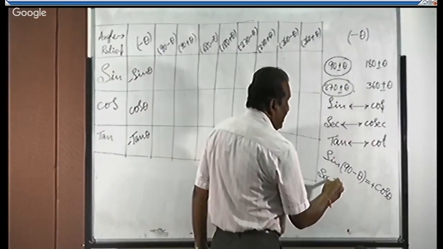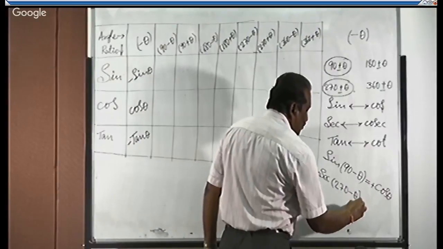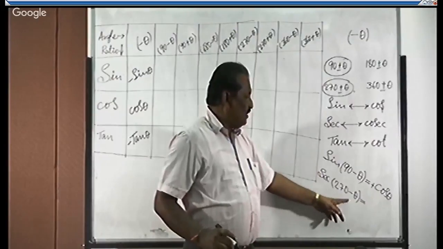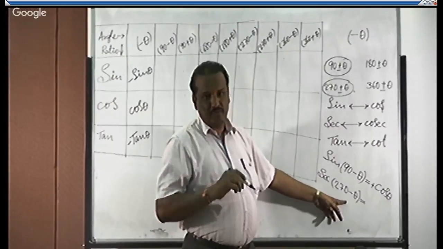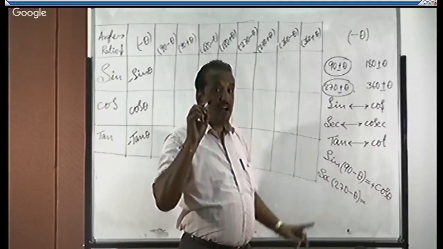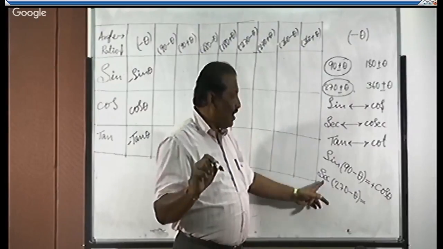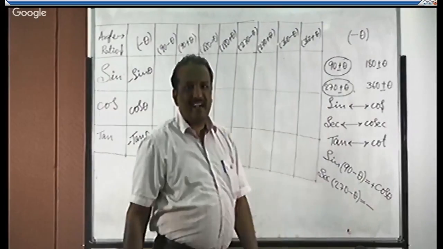Say secant of 270 minus theta. First write down the sign, it will avoid the confusion. Definitely 270 minus theta comes under the third quadrant, where according to the ASTC rule, only tan and cot are positive. Therefore, secant is negative. It assigns a negative sign on its right hand side.